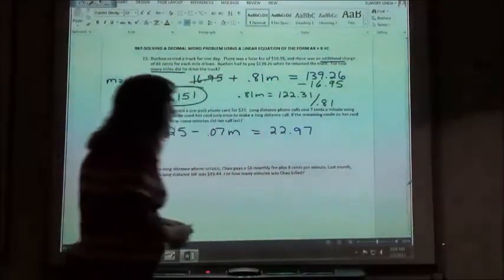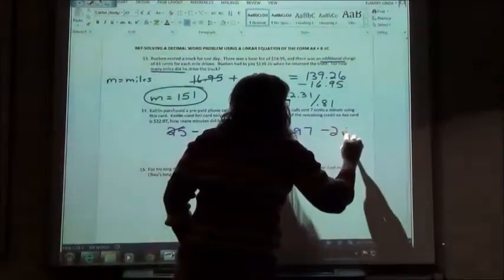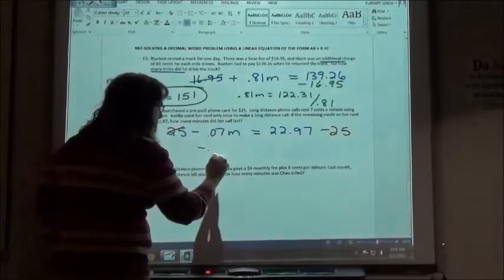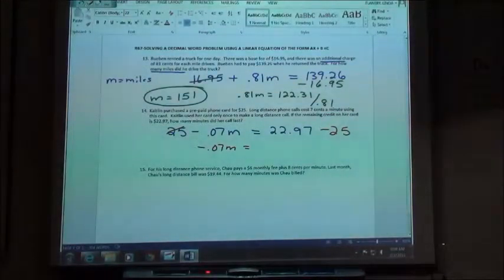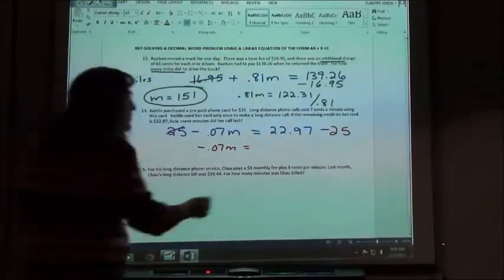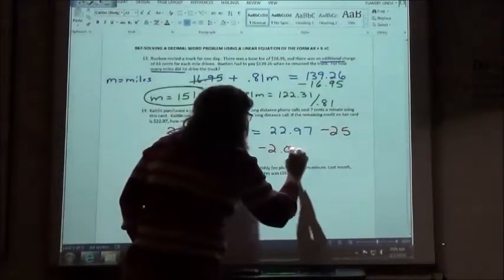If I want to solve that for M, what might I want to do first? Subtract 25. So if I subtract my 25, I'm going to have negative 0.07 M equals, and $22.97 minus 25 would give me negative $2.03.